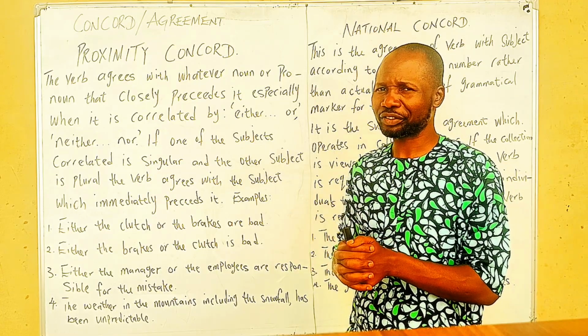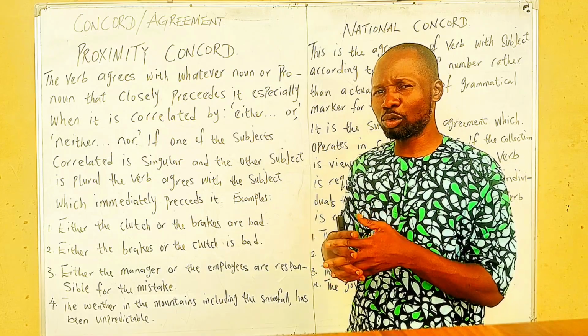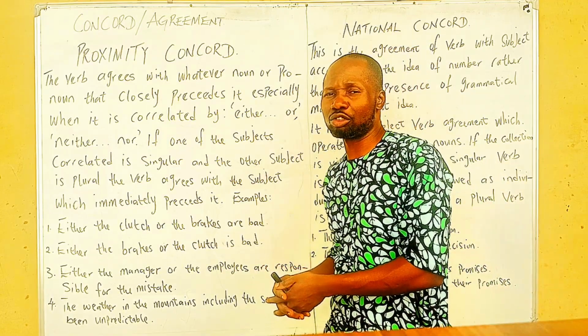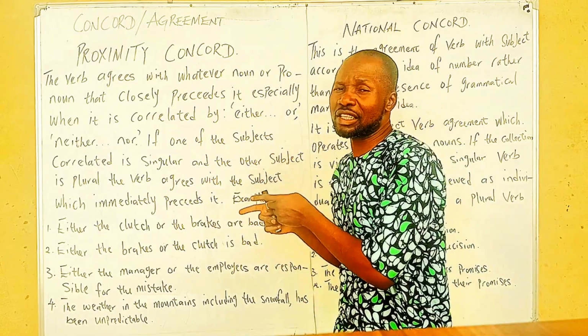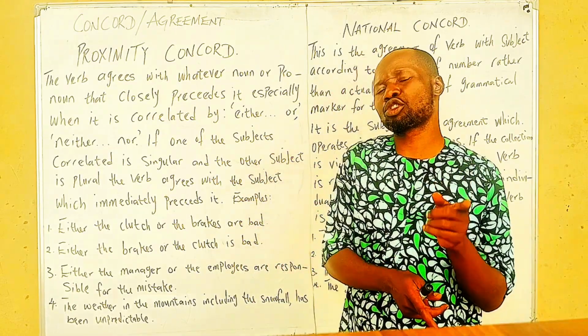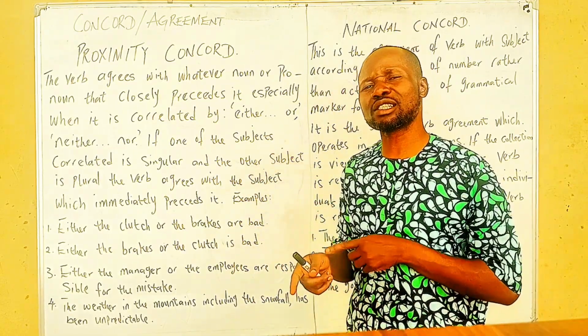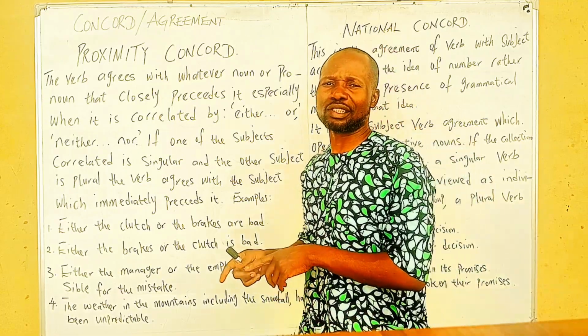If that noun is plural, the verb will be plural. You forget the subject. And if the closest verb is closer to the subject and the subject is singular, the verb will be singular.